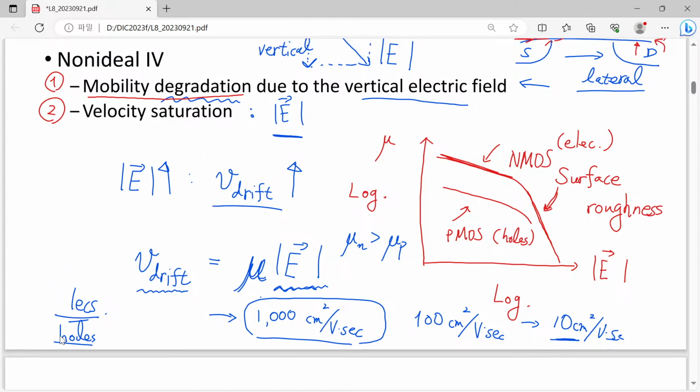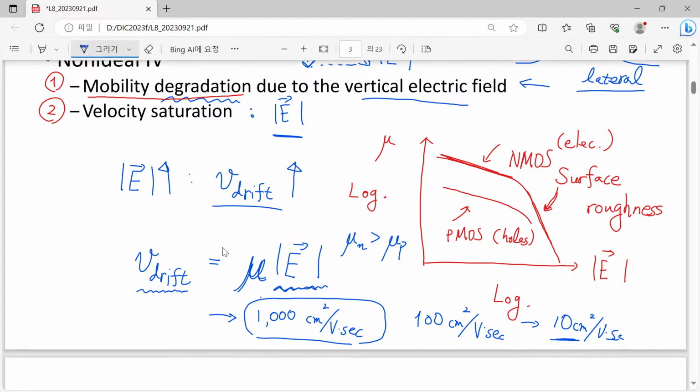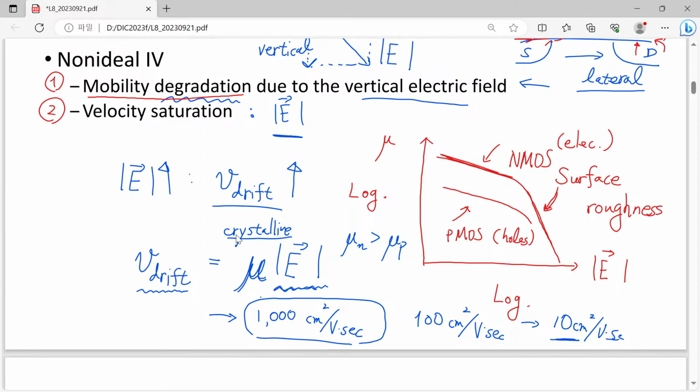And even for silicon, we are currently talking about the mobility of crystalline silicon. Crystalline silicon means that you are using a high quality silicon wafer.